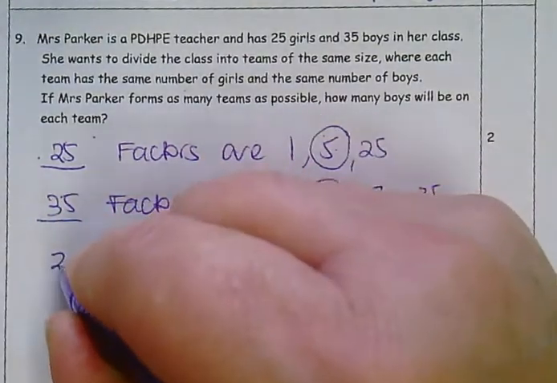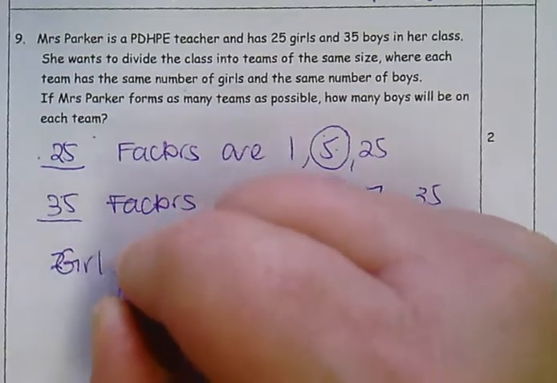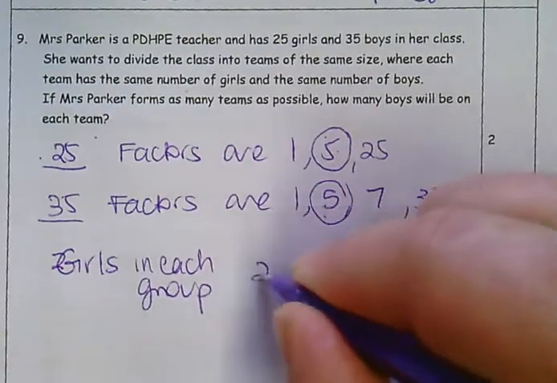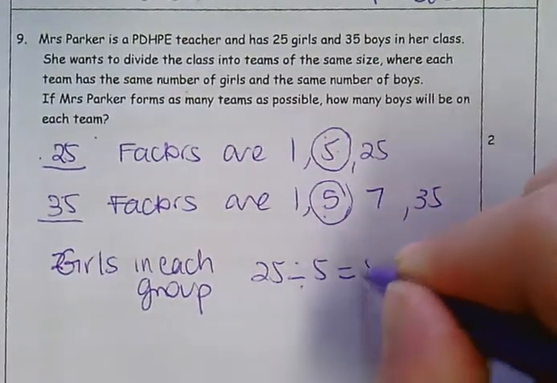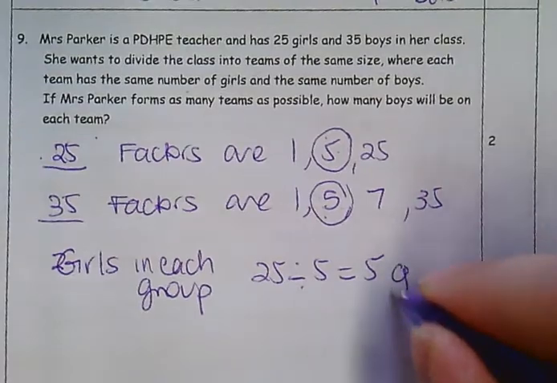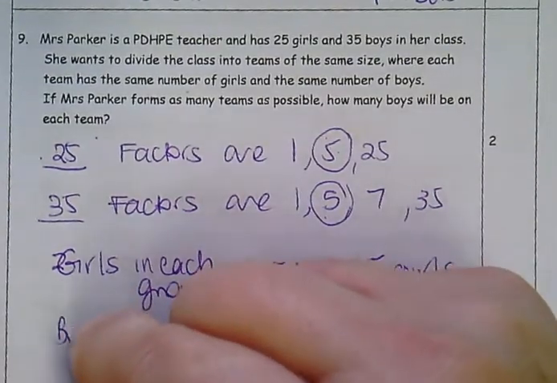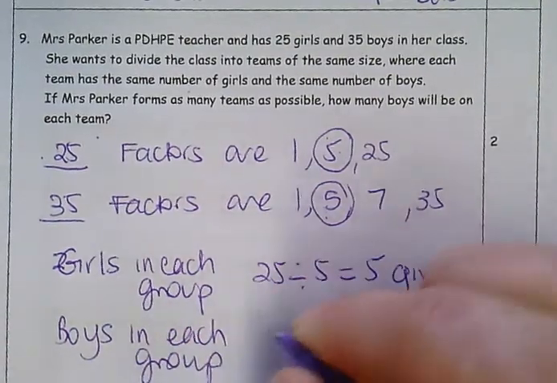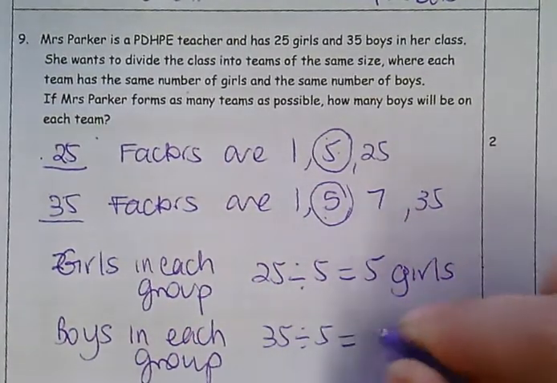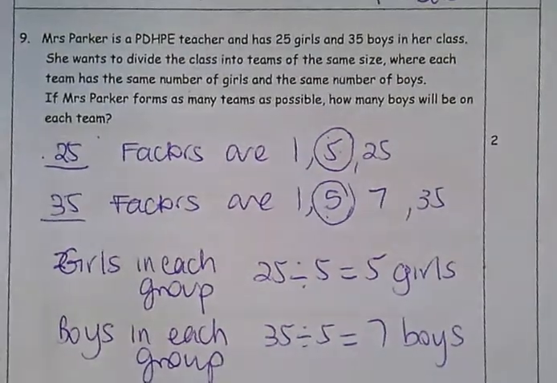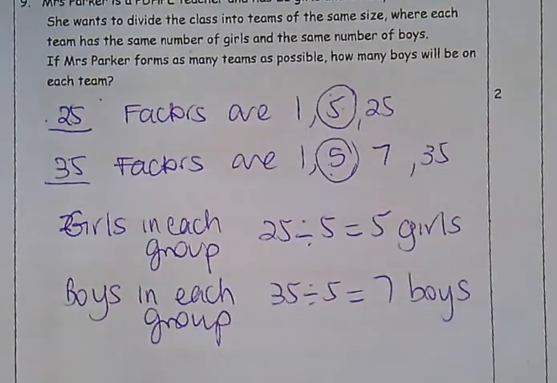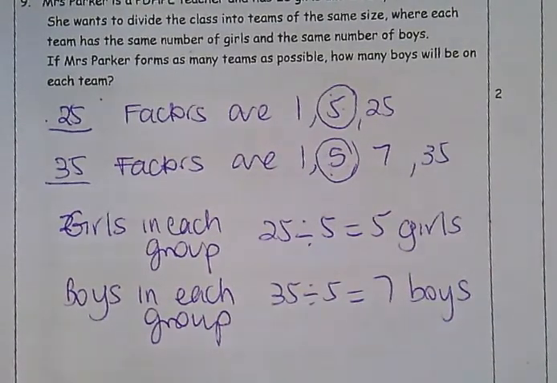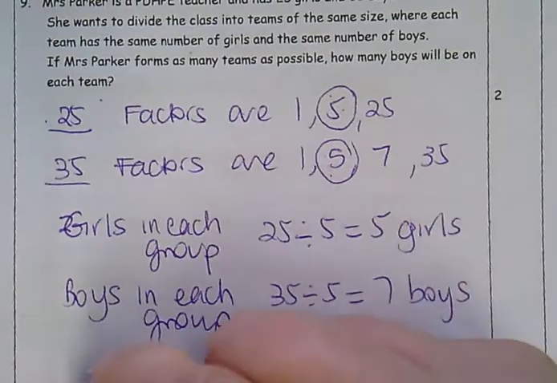So therefore, the girls in each group will be 25 divided by 5. So I've got 5 girls in each group. And the boys in each group will be 35 divided by 5, which is 7 boys in each group. So it says if Mrs. Parker forms as many teams as possible, how many boys will be in each team? So what's going to happen in each team?